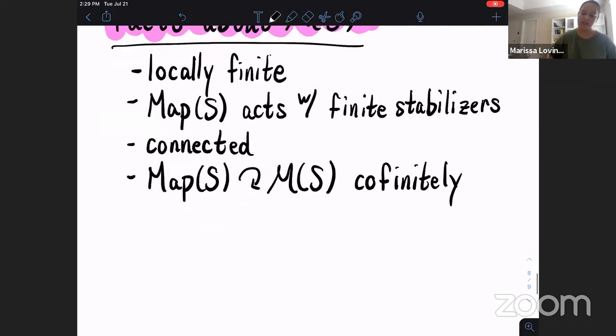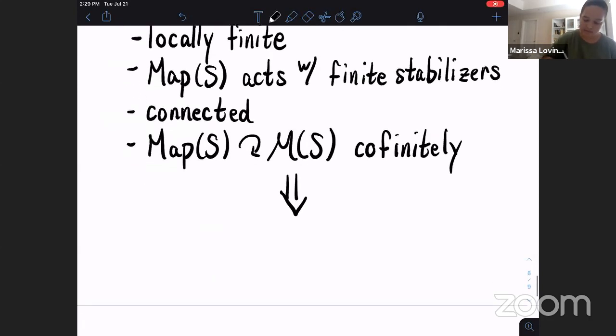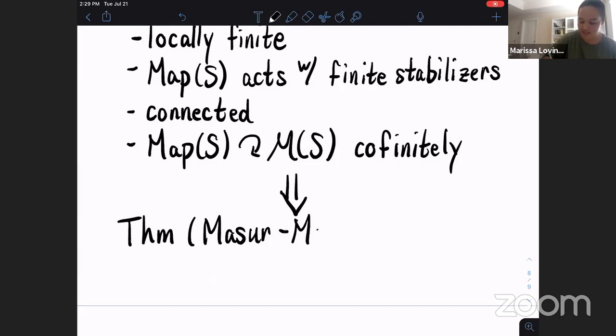Okay, and so these things all together actually give us something really nice. And this is exactly what we wanted. This is a theorem of, as I'm sure everyone could guess, Masur-Minsky.